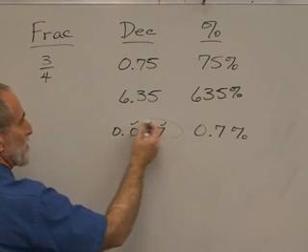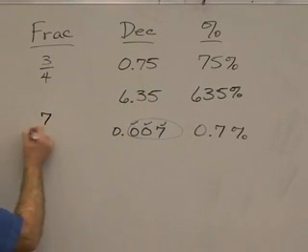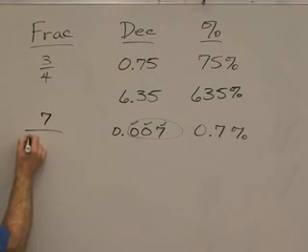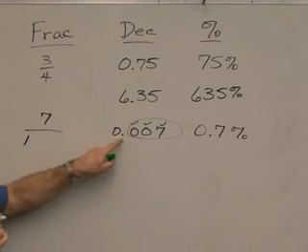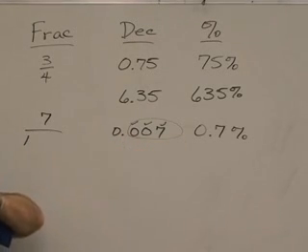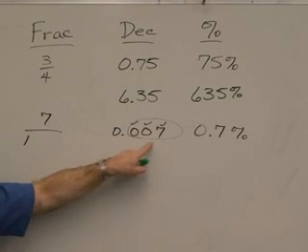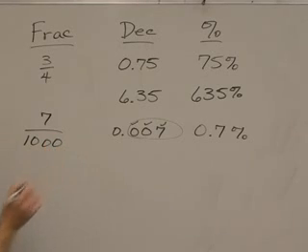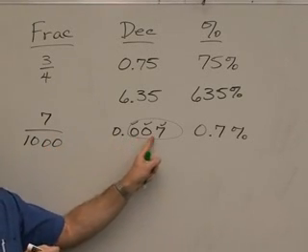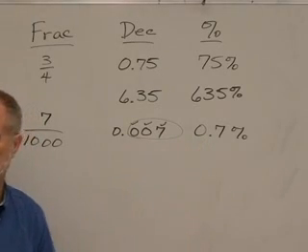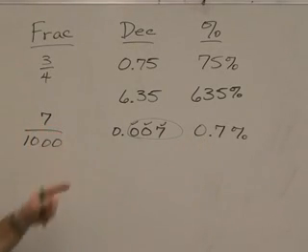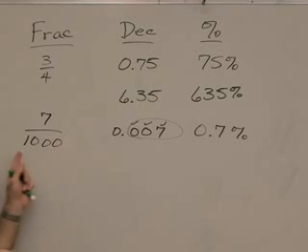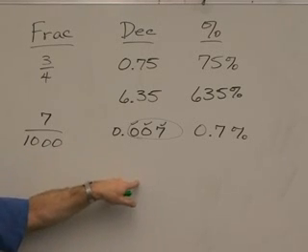You take this number, whatever it is, you put it on the top of the fraction. Then you stick a 1 under it, and then you count how many decimal places you have. How many decimal places do we have here? 3. That's how many zeros you stick after the 1. That keeps you from having to say tens, hundreds, thousands, 10,000s, 100,000s. You just put the number on top, stick a 1 there, and put however many zeros after the 1 as there are decimal places.